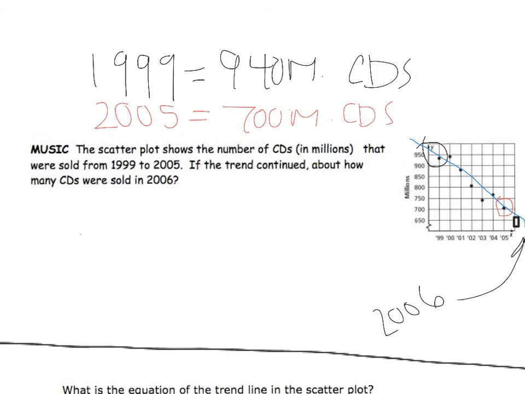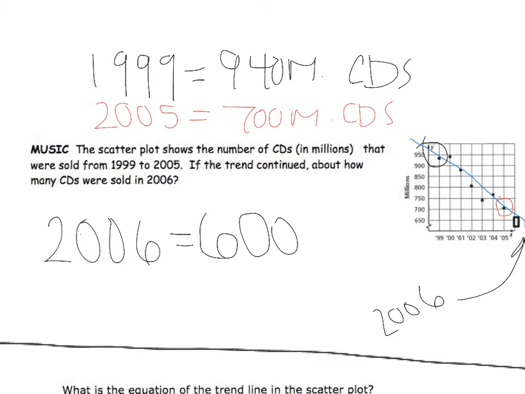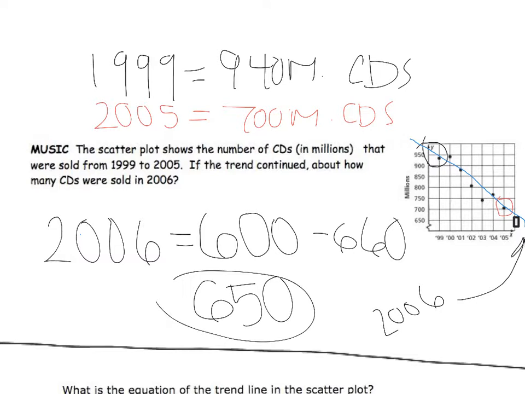And you can see that the data is so close together that you can make somewhat of a guesstimate that 2006 is equal to about, let's say, 600 to 660. Let's just decide on a number, 650. And that's your answer.